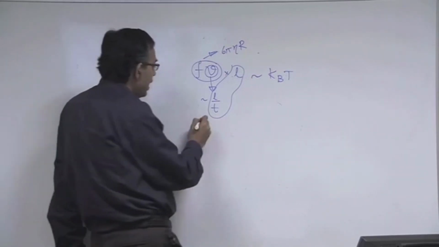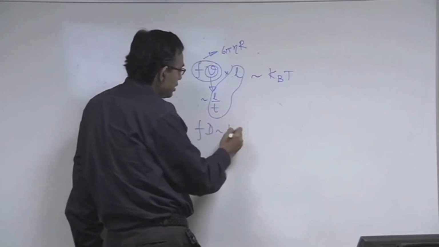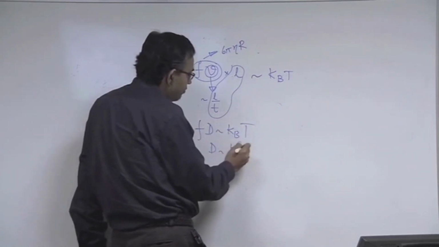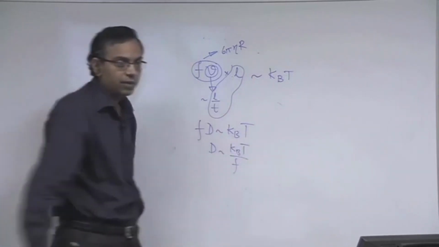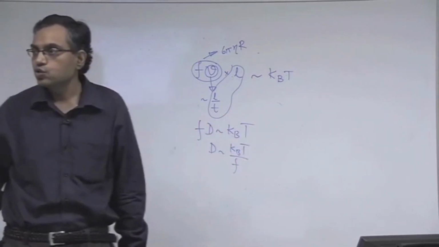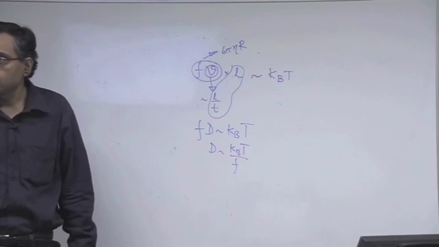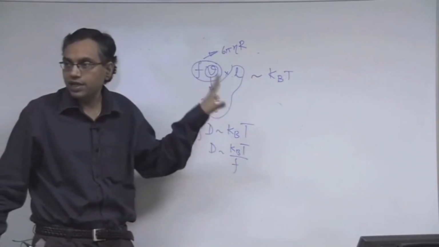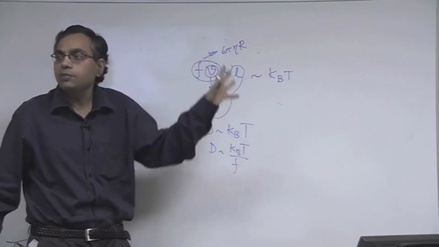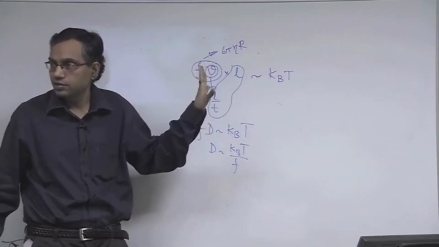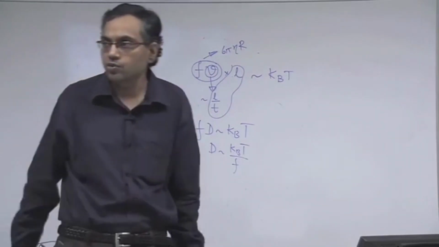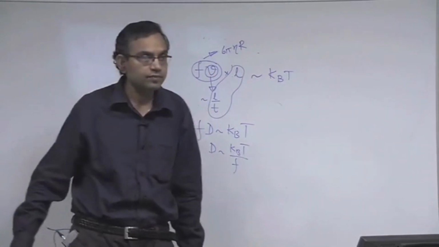So F into diffusion coefficient is kB T, so D is equal to kB T by F. This is a very famous relationship called the Stokes-Einstein relationship. Of course, the actual derivation is not this; I have just tried to give you a physical meaning of this through a scaling argument, because the actual derivation is a little bit more involved and I do not want to spend more time on that.